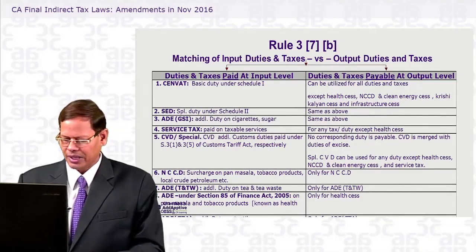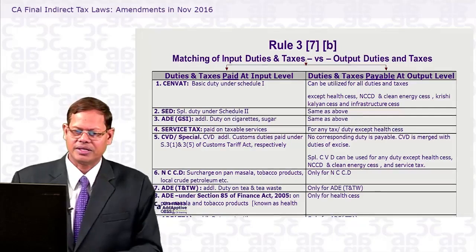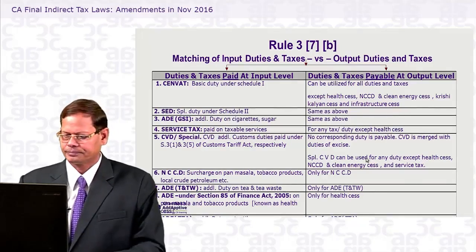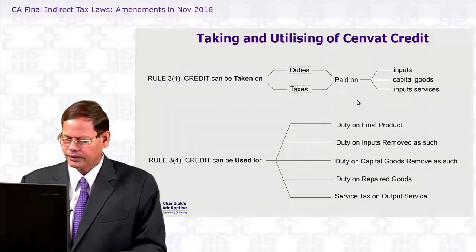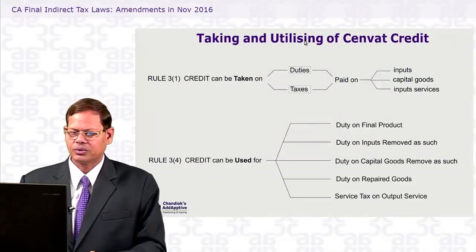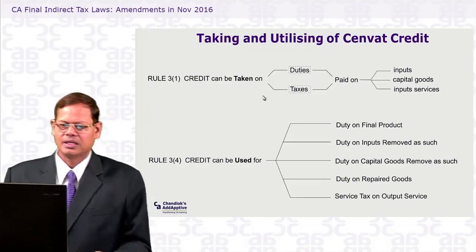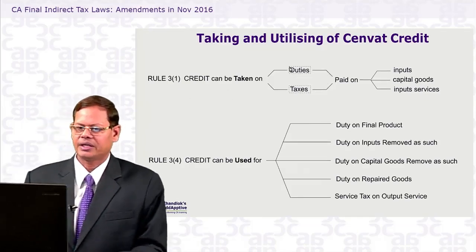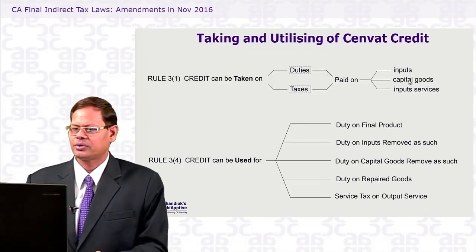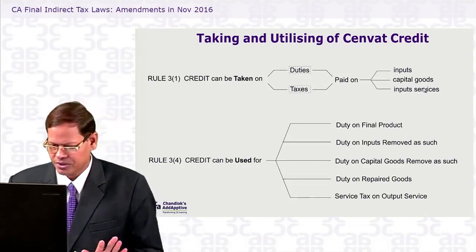How this can be utilized or cannot be utilized, that has been given. But before that, let us look at this background. This background helps us. CENVAT credit can be taken on duties and taxes paid on inputs, capital goods and input services, that much you know.